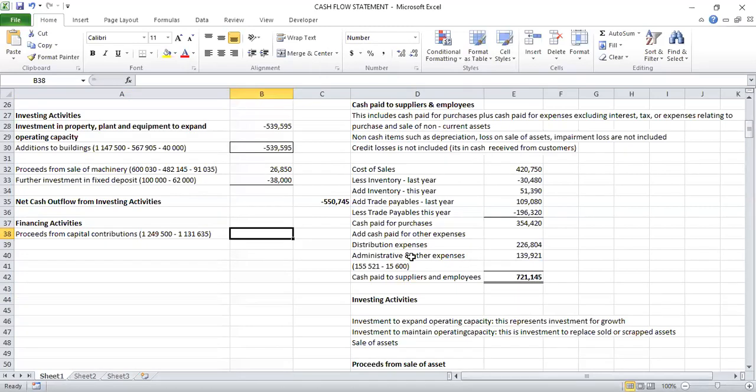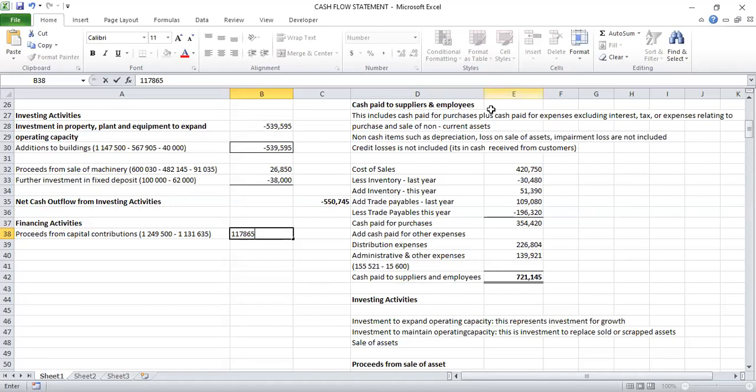What do we get? 117,865. This one is money coming in, because they raised capital.